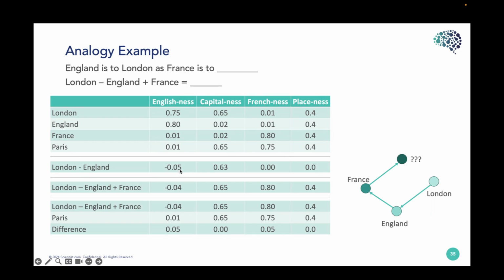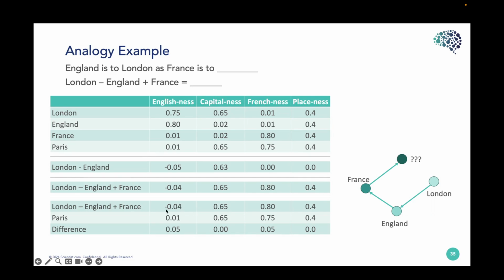Now we're going to add France, right? So France is low on Englishness, so Englishness is going to not move very much. It's going to stay close to 0. France, not tightly coupled with capitalness, so capitalness is going to remain high. It's not going to move much, but it's going to remain high. Now France, being much more French, is going to bring that magnitude up significantly, and then placeness is going to come right back to 0.4.